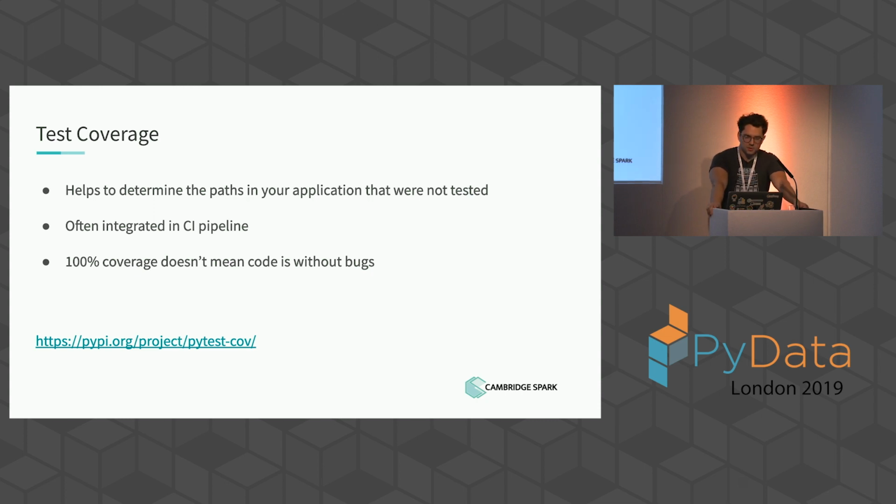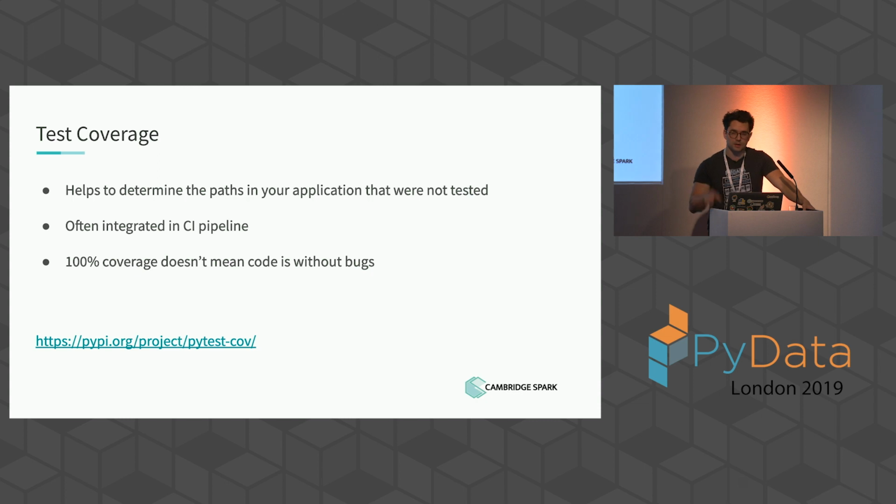But what test coverage allows you to determine is the lines in your code that were not executed when you run your tests. So that potentially is useful to detect things that you're not testing. But it doesn't mean you've actually tested all the scenarios for different behaviors. It just means those lines of code were not executed. So it's just an indication.